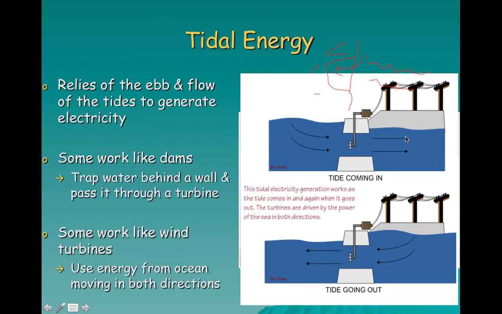The water moves to the right and to the left, and you have some sort of turbine that moves as the water moves around it. This is like a wind turbine because instead of wind and air moving a blade, you have water moving a blade, and that is the turbine that generates electricity. So that's another way that tidal energy can produce electricity.